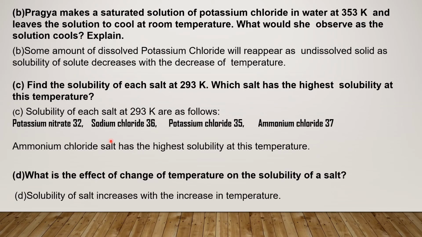Question B. Pragya makes a saturated solution of potassium chloride in water at 353 Kelvin and leaves the solution to cool at a room temperature. What would she observe as the solution cools? Explain. Answer. Some amount of dissolved potassium chloride will reappear as undissolved solid as solubility of solute decreases with the decrease of temperature.